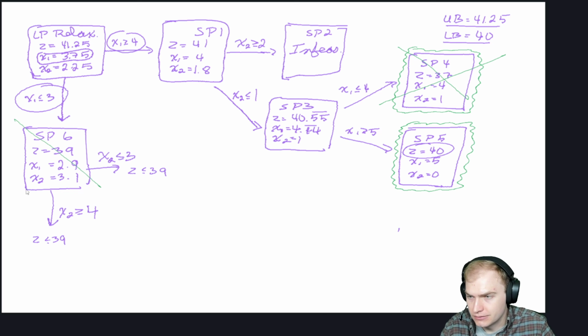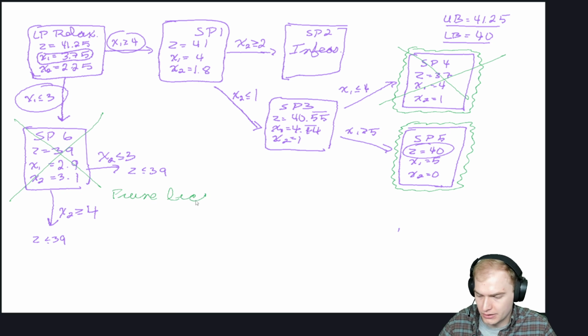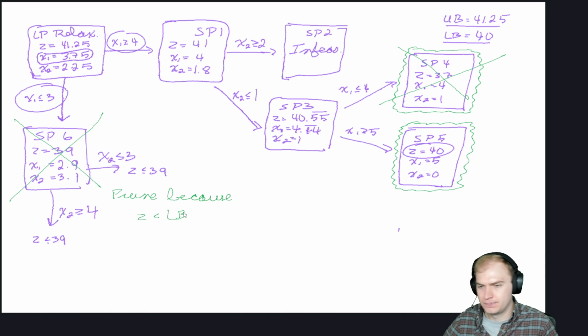So we can prune that branch. That's called pruning the branch because z is less than the lower bound.